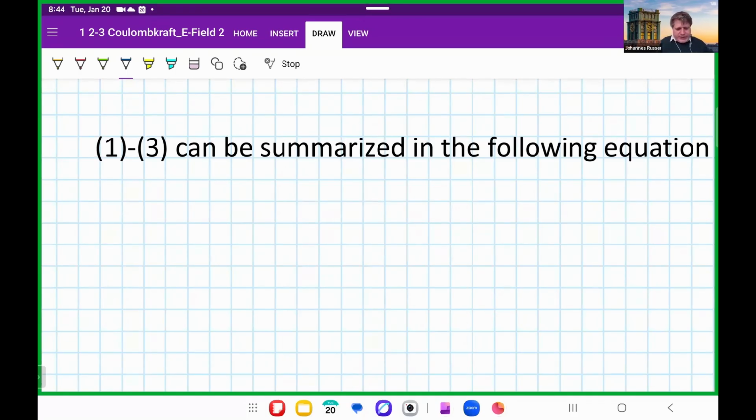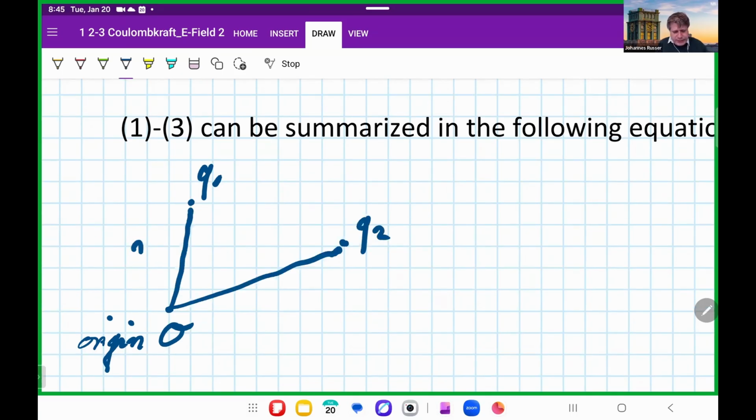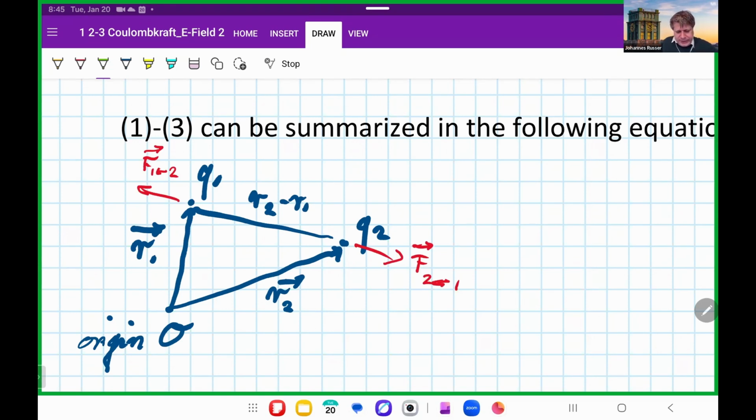So we have our origin, we have our charges Q1 and Q2, the R1 and R2 vectors, the distance vector here, our forces, and our unit vector here.